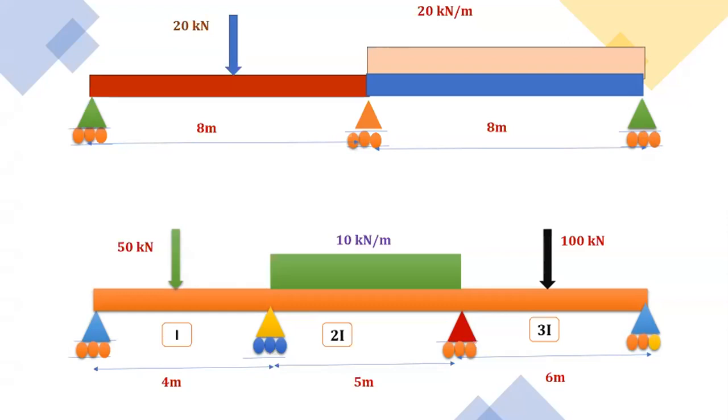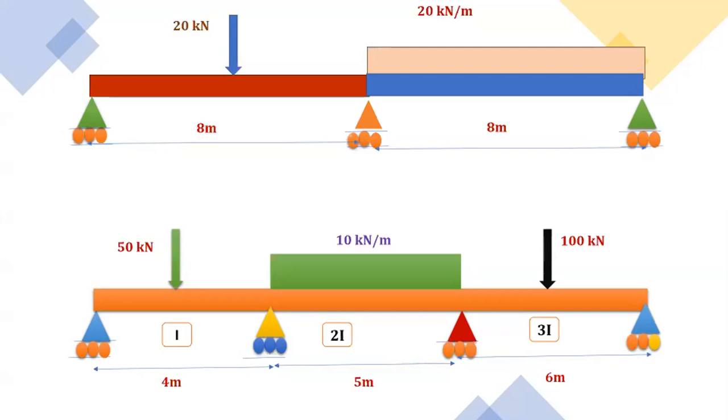If we observe the first diagram, they will not mention the I value, so EI is constant throughout the member. So the first diagram is a 2 span continuous beam with simply supported ends and constant moment of inertia. If you take the second diagram, it is a 3 span continuous beam having simply supported ends.